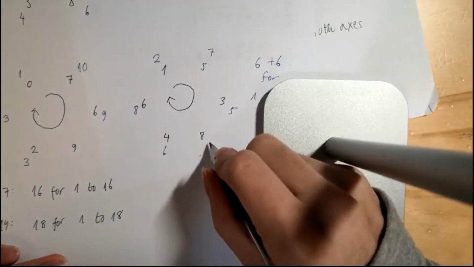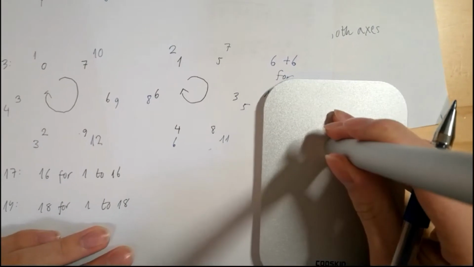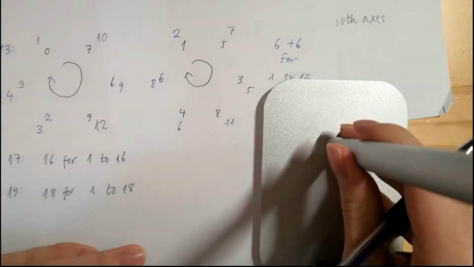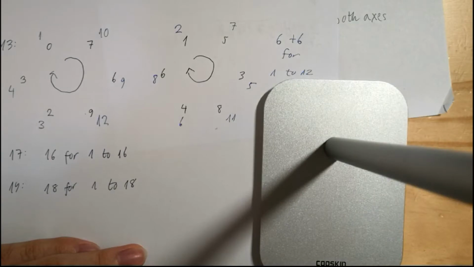We would start at the 8, and 12 we would start at the 9. I don't know if there's a pattern here yet. I've only just started studying this really. But I think there should be. I honestly think there should be.